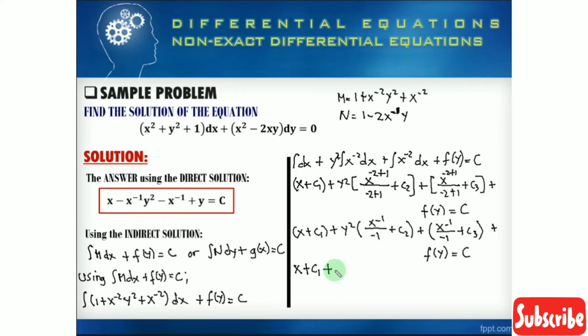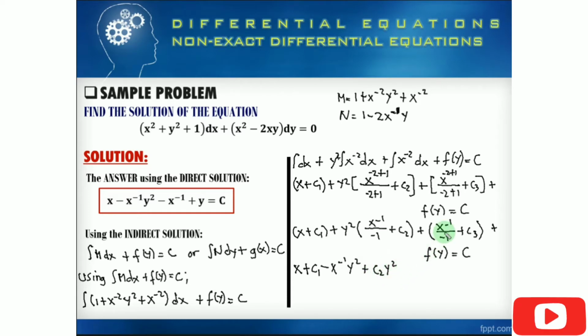So this would be negative, so we will use the minus sign, since positive times negative is just negative. So this is minus x to the negative 1 y squared, and this is plus c2 times y squared, okay?